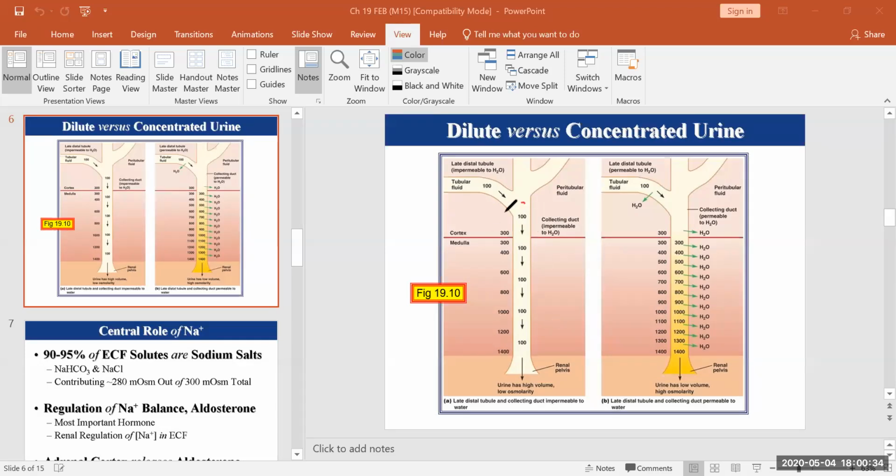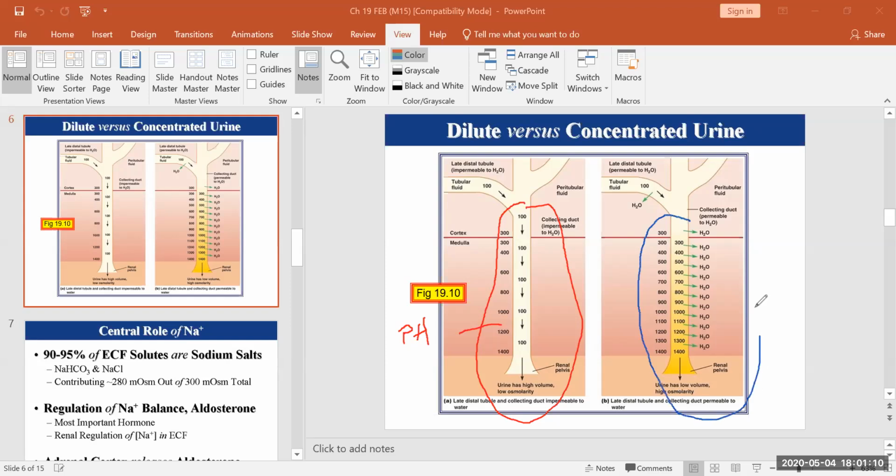So under this case here, proper hydration, P-R-O-P-E-R, hydration, H-Y-D-R-A-T-I-O-N. So if you are properly hydrated, the urine is dilute. Nothing happens. But if you are dehydrated, this is what happens.